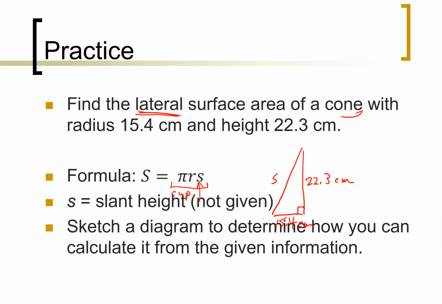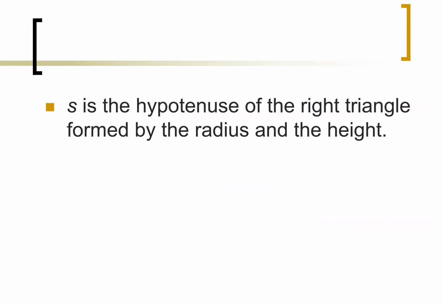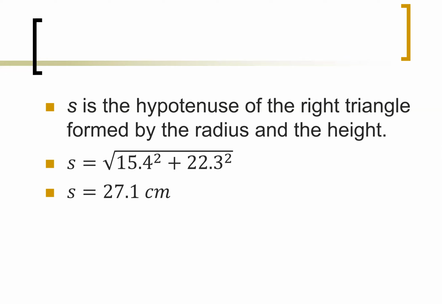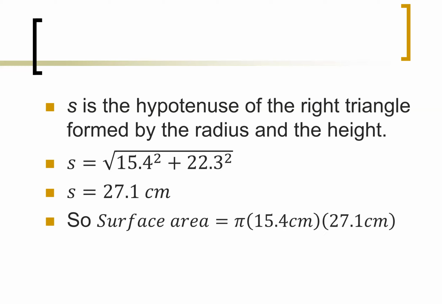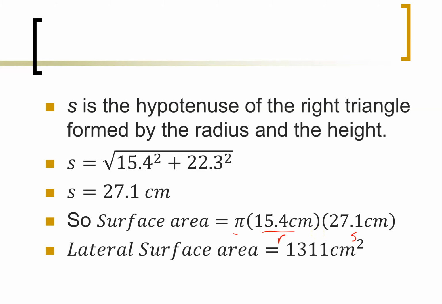If you sketch a diagram of this cone, then you can see those values that are given, and s is not given. s is the hypotenuse of that right triangle, and so we calculate it using the Pythagorean theorem. Now we can calculate the lateral surface area, capital S, using pi, r, and s. Make sure that for an area you have units squared.